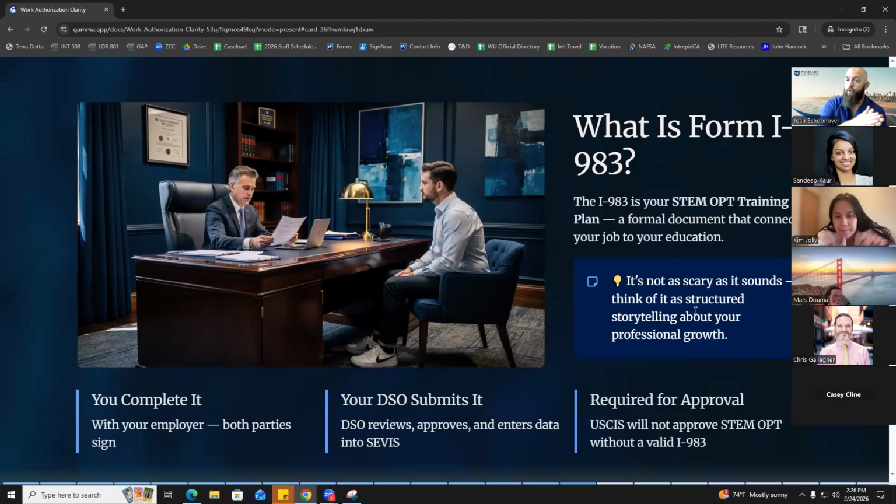You're going to give that to your DSO along with your request for the STEM OPT recommendation I-20. And then your DSO, when they make the recommendation in SEVIS, is going to upload the I-983 in your SEVIS record. So it does go into your SEVIS record. It is logged, and it is a requirement for approval.